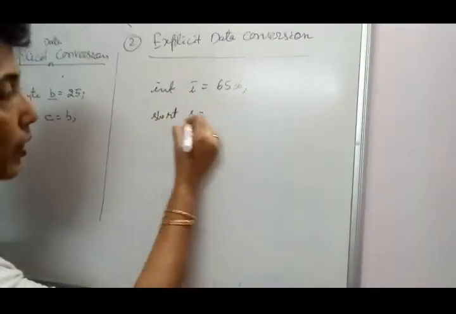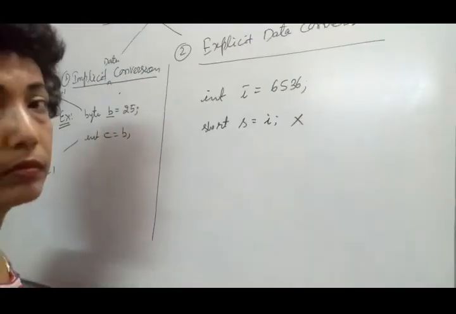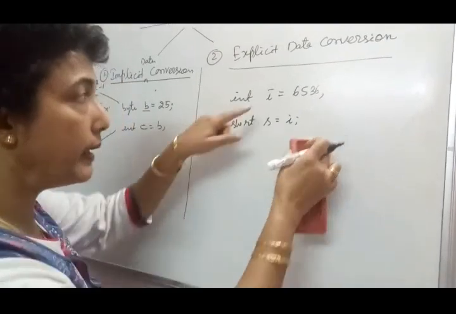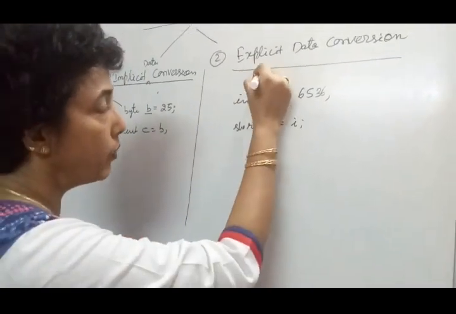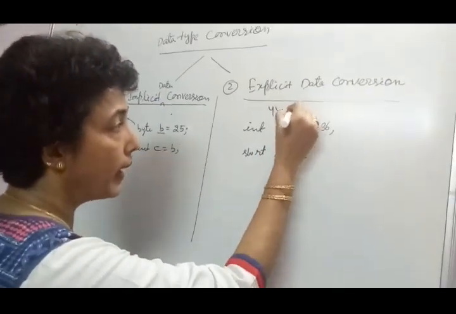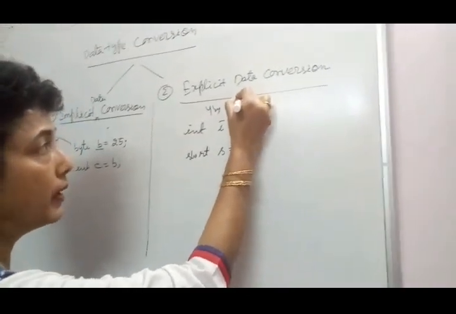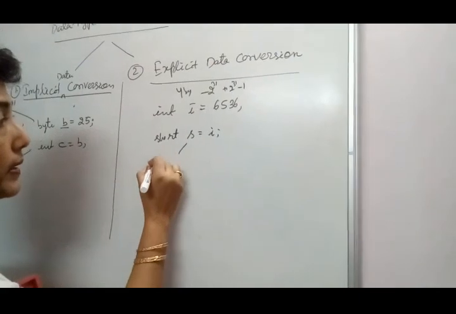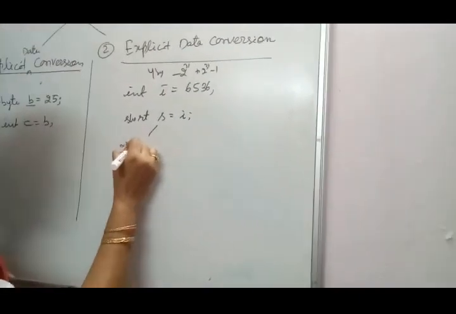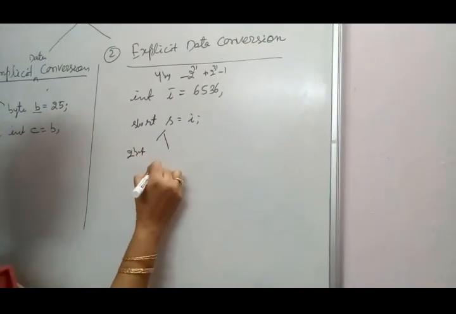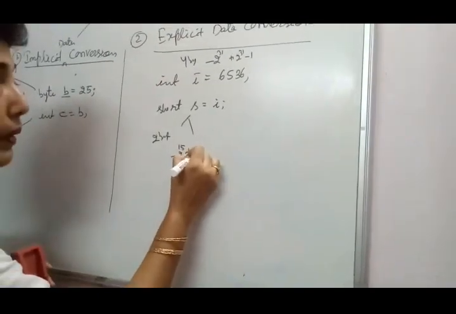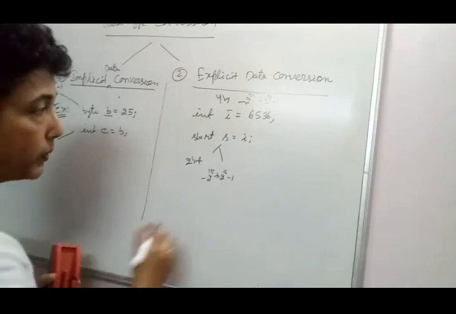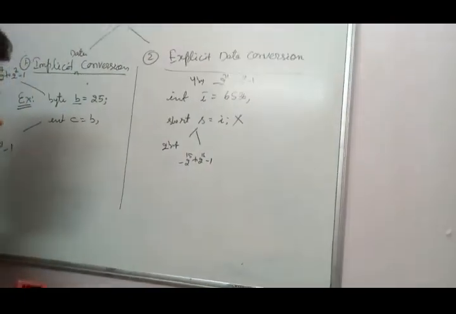If I write short s equal to i, that is wrong. The compiler cannot do this, because int is a higher data type needing 4 bytes of memory, with range minus 2 to the power 31 to 2 to the power 31 minus 1, whereas short needs 2 bytes of memory and its range is minus 2 to the power 15 to 2 to the power 15 minus 1. So this is smaller and that is higher. The compiler cannot do it automatically, so it is wrong.